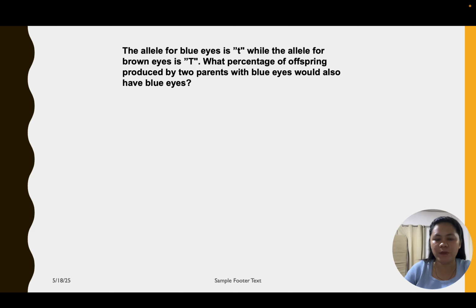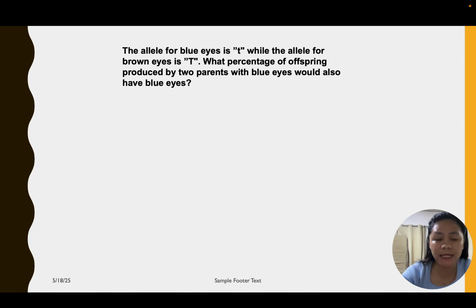So let's proceed with problems with regards to genetics. The allele for blue eyes is small letter t, while the allele for brown eyes is big letter T. What percentage of offspring by 2 parents with blue eyes, take note, 2 parents with blue eyes, would also have blue eyes?